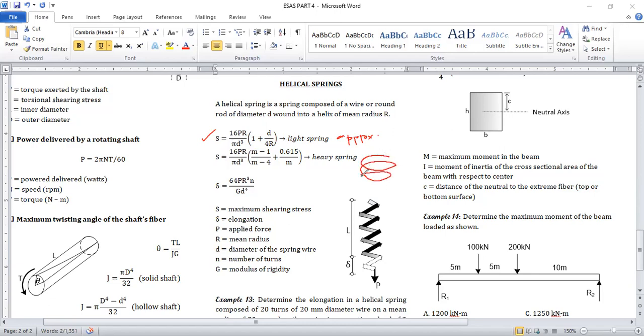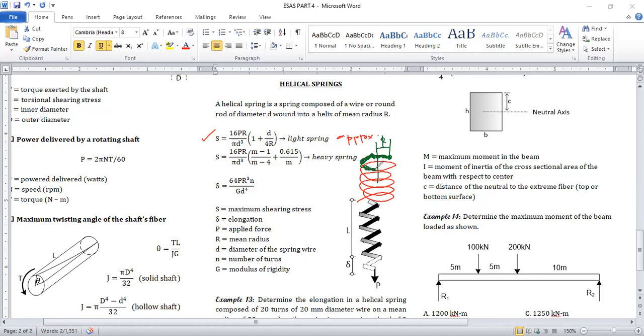For example, this is a spring. So the radius R is the radius of the spring. And D, the small letter D, that is the cross-sectional diameter of the rod or wire, the spring material.